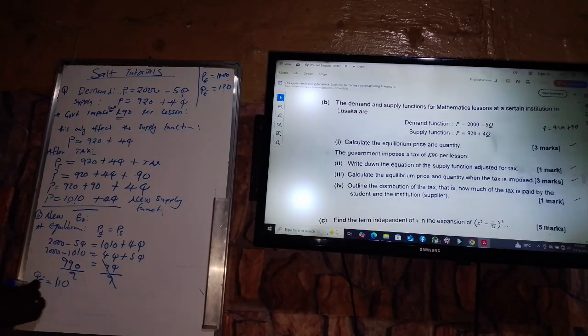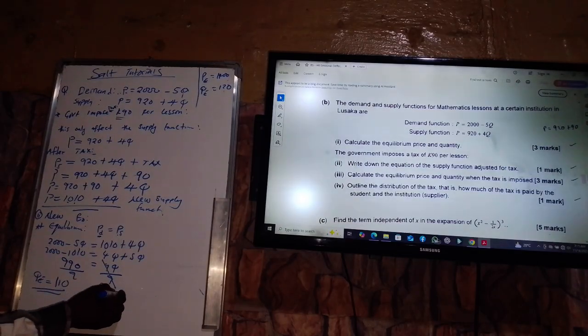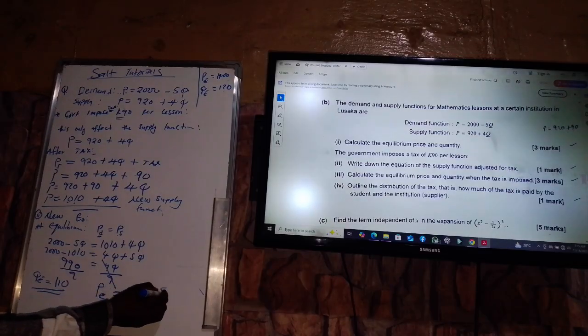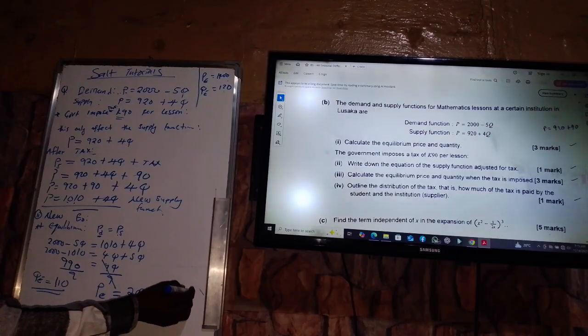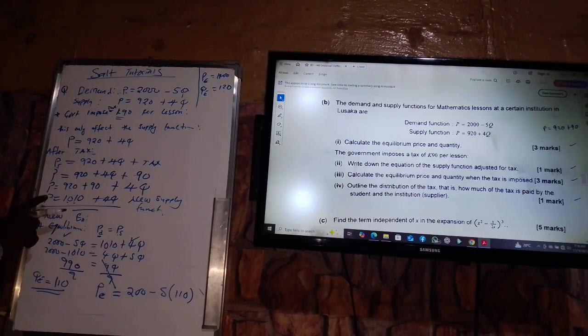So the new equilibrium quantity becomes 110. The new equilibrium price will be equal to 2000 minus 5 times 110. We can use either this equation or that equation to solve for P. Remember, if you are using the supply equation, we are dealing with the new supply equation.